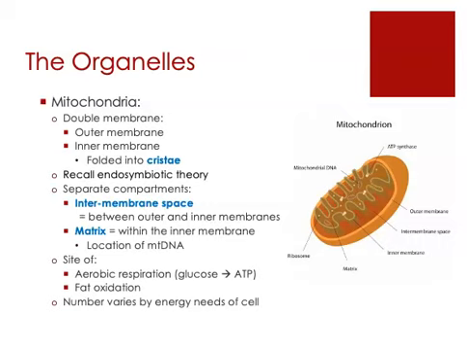Mitochondria, if you remember, are the organelles inside of eukaryotic cells where the process of ATP production occurs. The process that produces ATP is referred to as cellular respiration. And in organisms like you and I that are dependent upon oxygen, that is an aerobic process.